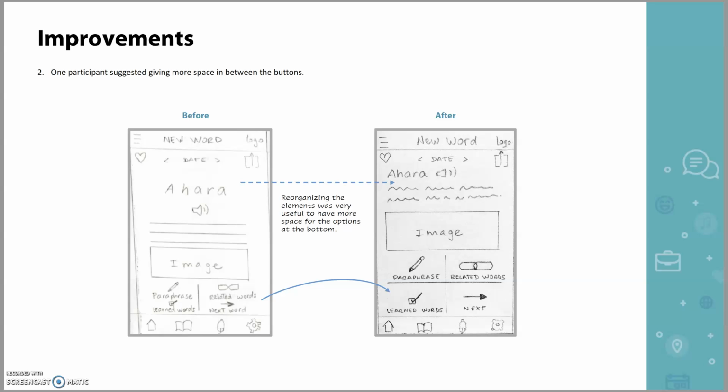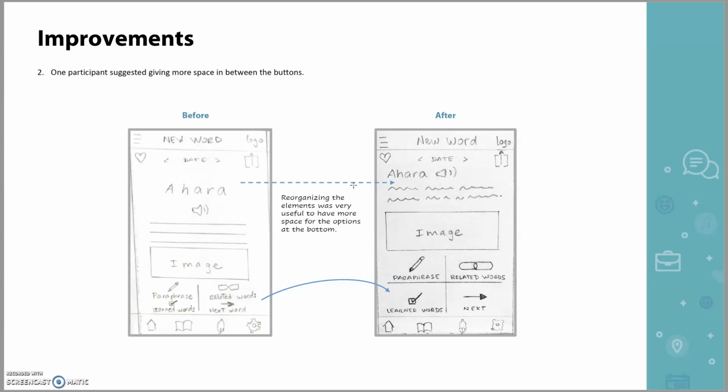When the task "enter your own definition" came up, the participants were looking for the option, and it wasn't easy to find the word and icon "paraphrase." It was because everything was very close and tight.